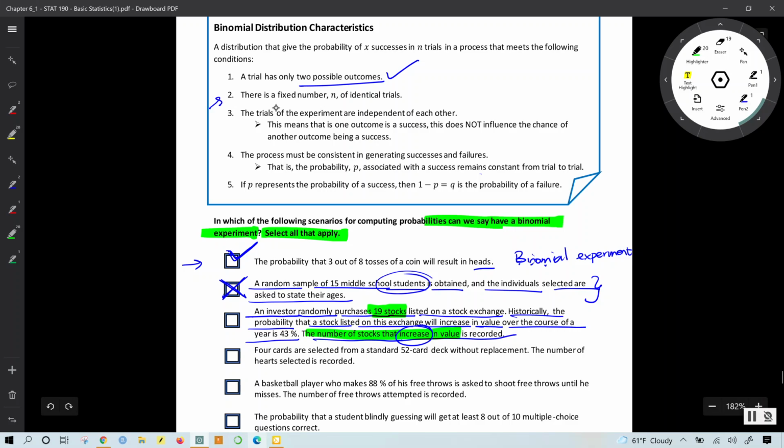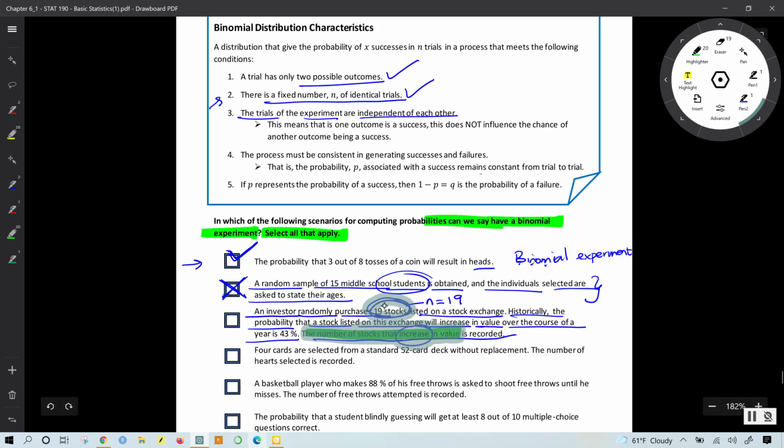2, are there a fixed number of trials? Yes, I am trying 19 stocks. So my N here is 19, the number of stocks I'm trying, and it is fixed, it is definite. So condition 2 is met. Condition 3, the trials of the experiment are independent of each other.